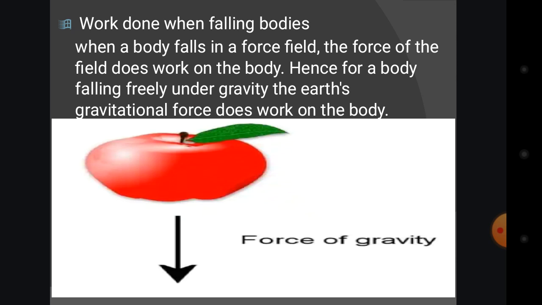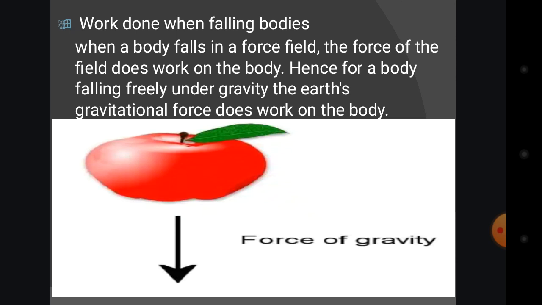They are going in the same direction, because it is falling downward. So when it is freely coming down, the gravitational force of the earth will push it downward to the center of the earth.